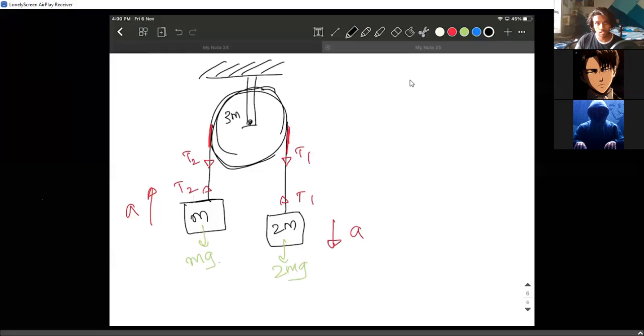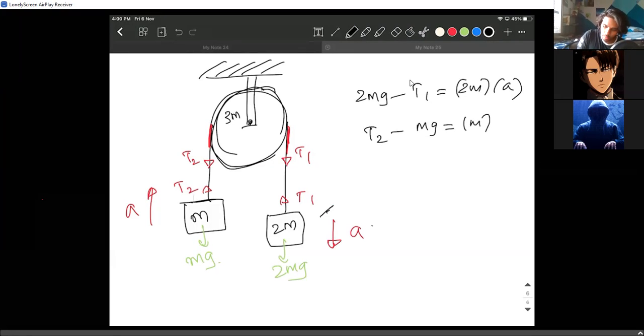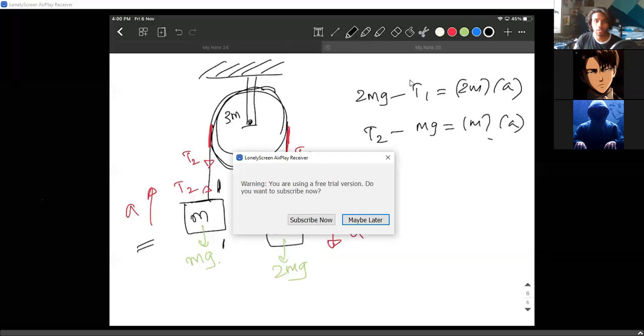First, this part: 2mg minus T1 equals 2m into a. It is a basic equation everyone writes. Next, T2 minus mg equals m into a for this body. Since it is going upwards, I'm taking T2 minus mg equals m into a. I hope you get this part clearly.